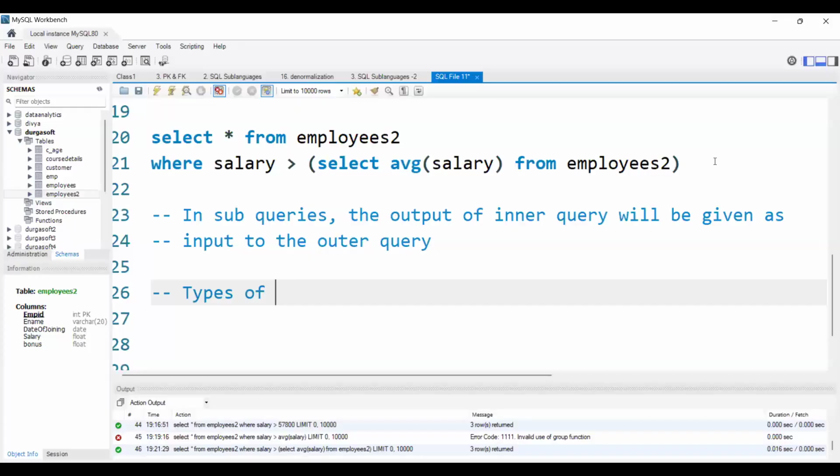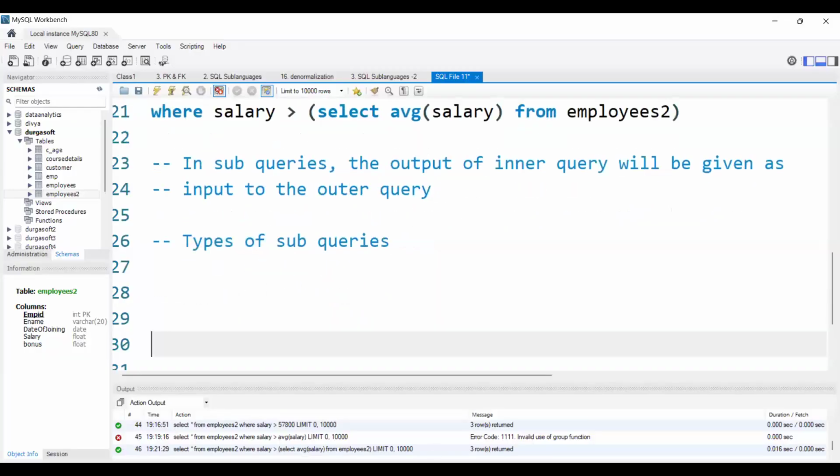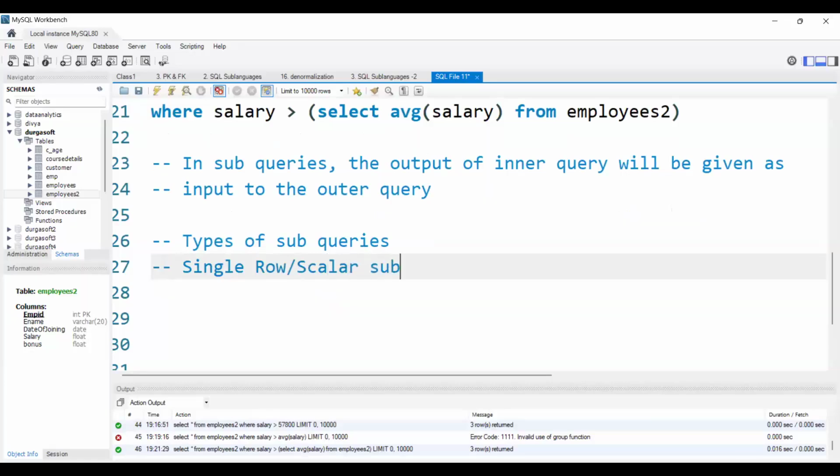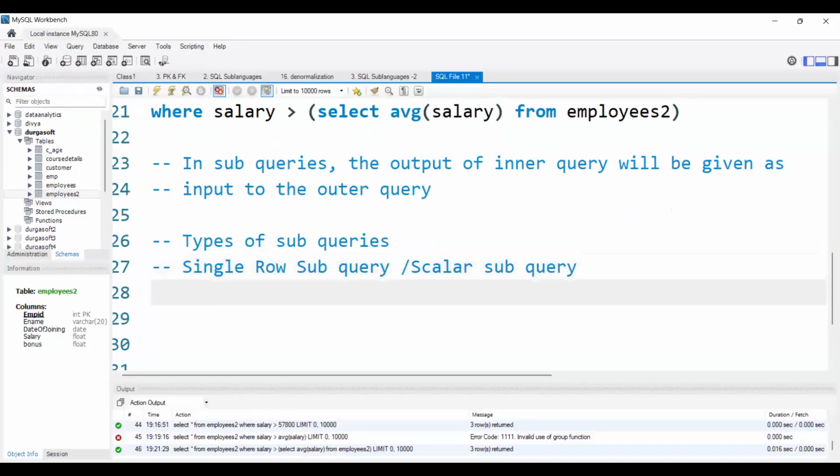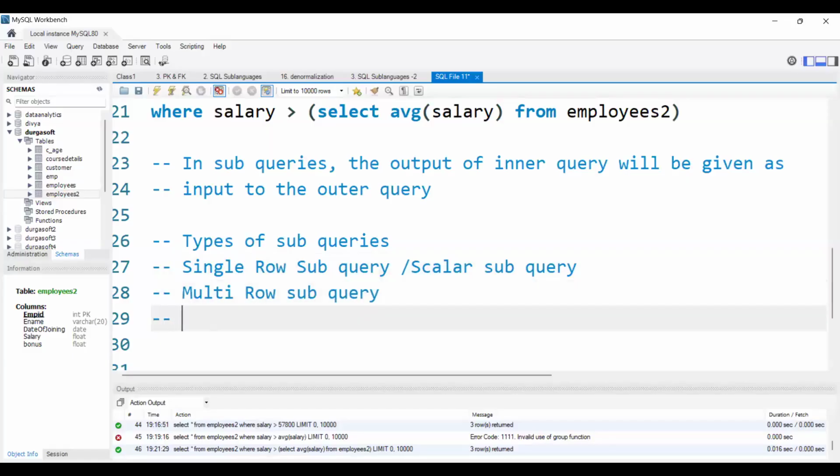So let's see the types of subqueries. Mainly subqueries are divided into single row subquery, which we can also call a scalar subquery, next is multi-row subquery, and the next we have correlated subquery.